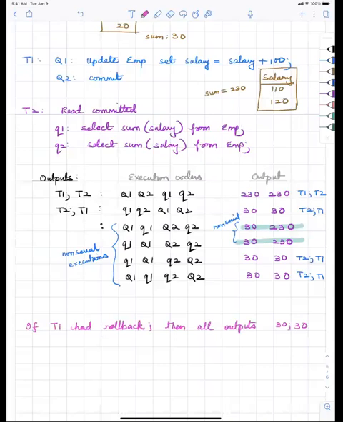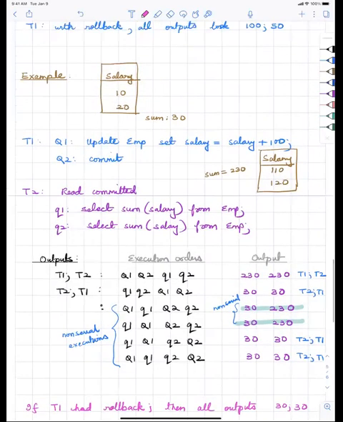Okay, so does anyone have any questions? Do you kind of get this? Okay, so the key thing is read uncommitted reads whatever is there, whatever has been done. It doesn't matter whether it's committed or not. It'll grab whatever has happened and pick it up. That's read uncommitted.